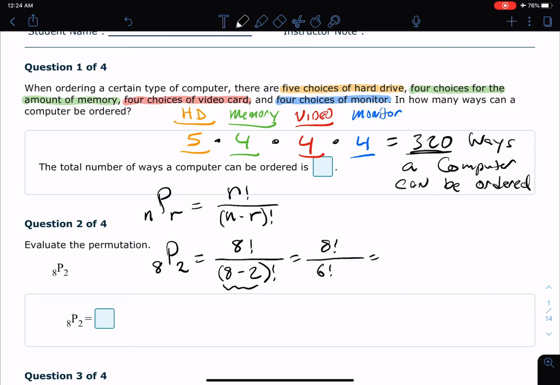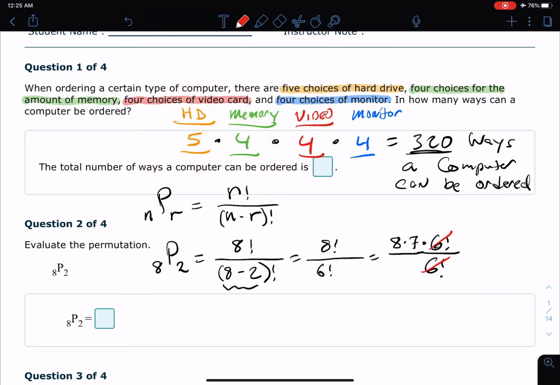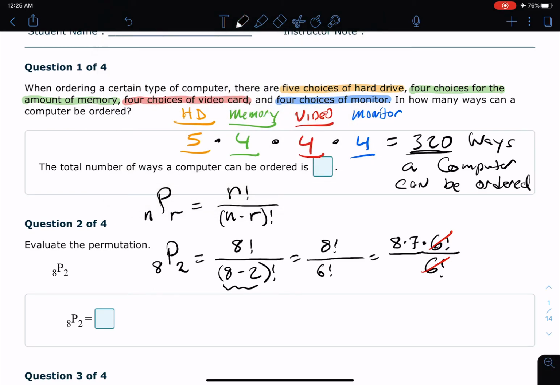And now here comes the simplification. 8 factorial means 8 times 7, and you can keep on going, but really the faster way is just to stop and call that 6 factorial, which is true. And that's going to match with our 6 factorial down below. Since we have common factors, we reduce them, which leaves us with 8 times 7, which is 56. And that's our answer right here, 56.